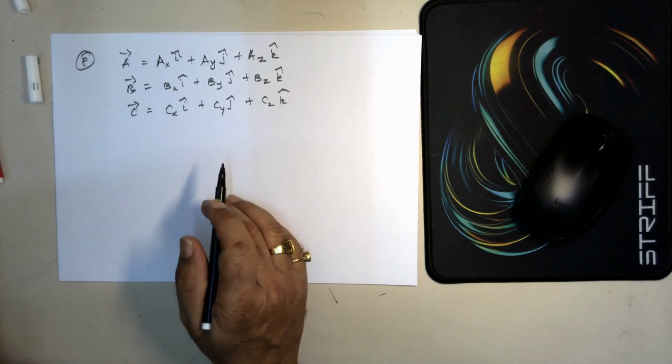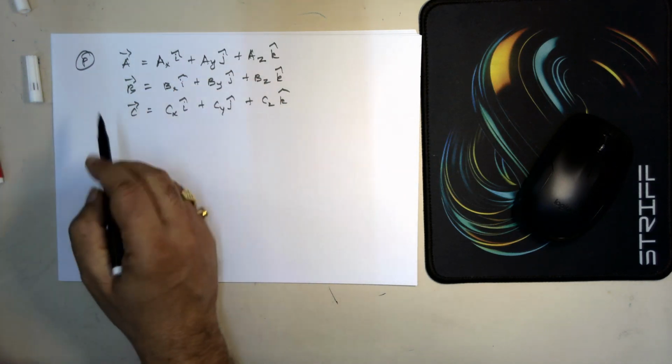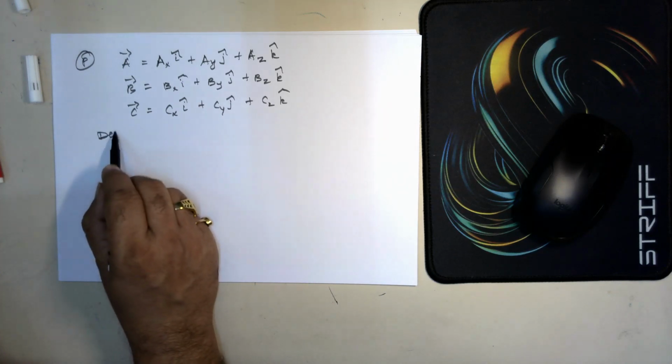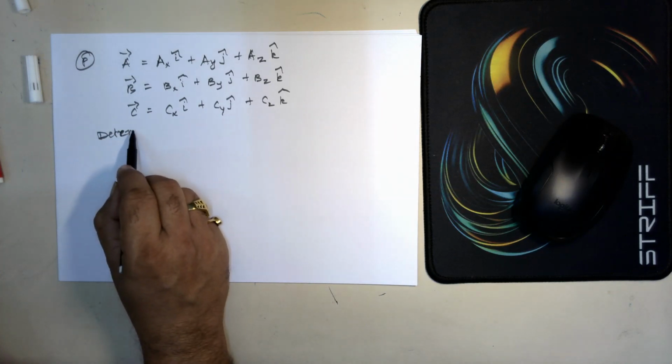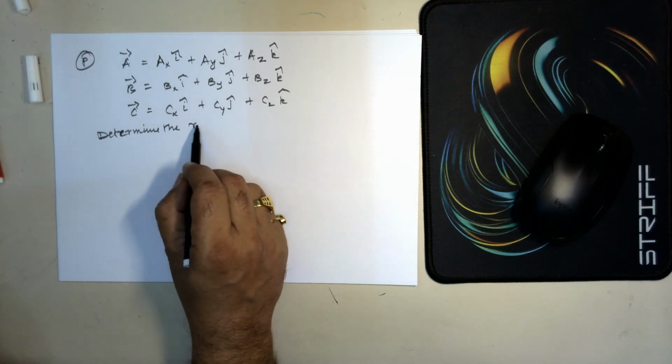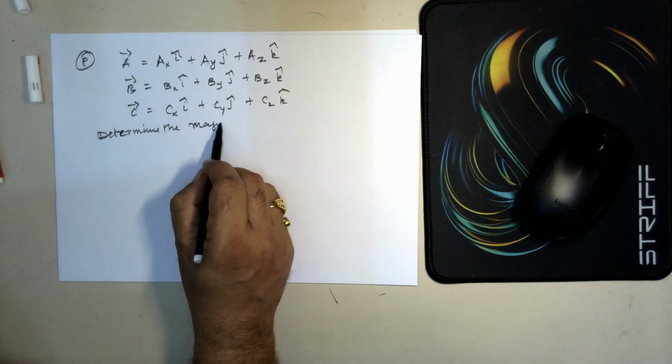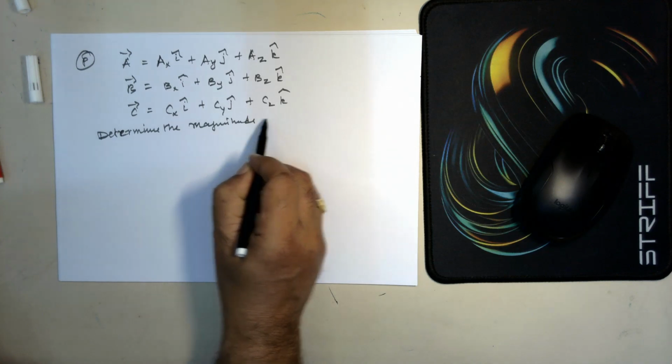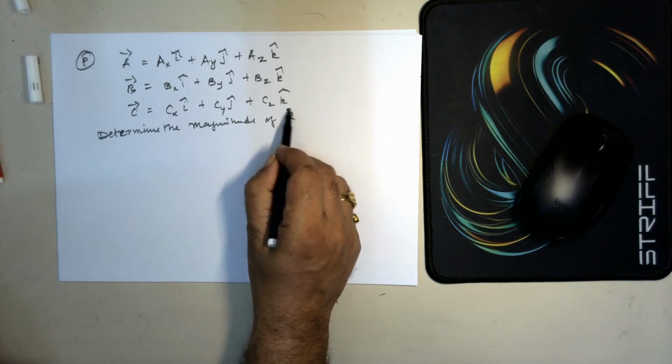Now we have to determine the magnitude of the resultant vector.